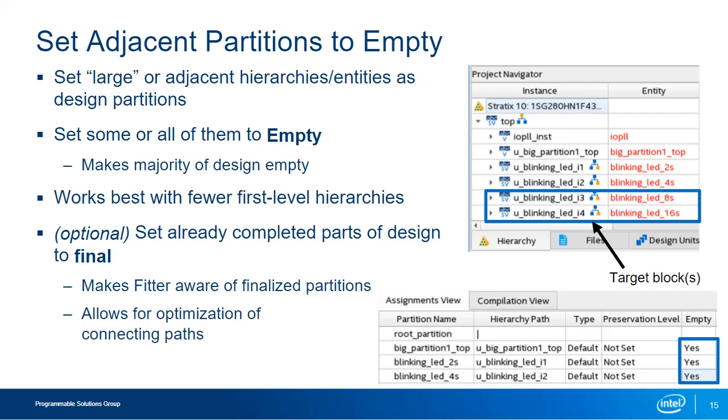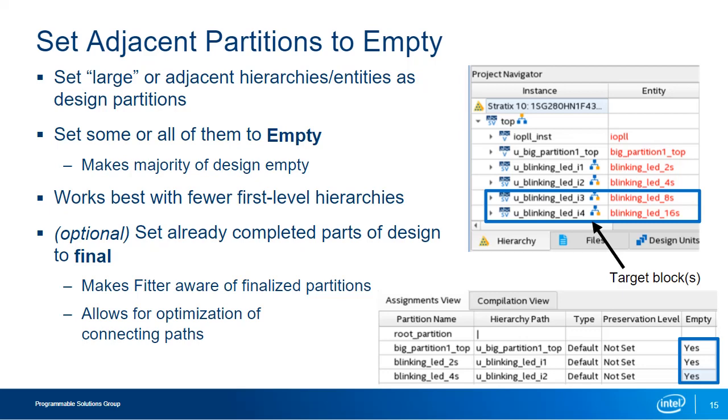This strategy of hierarchy isolation usually works best in a design with fewer first-level hierarchies because there are fewer branches of the hierarchical tree that need to be removed. However, it should work well in most designs where the design partition recommendations given earlier are followed.